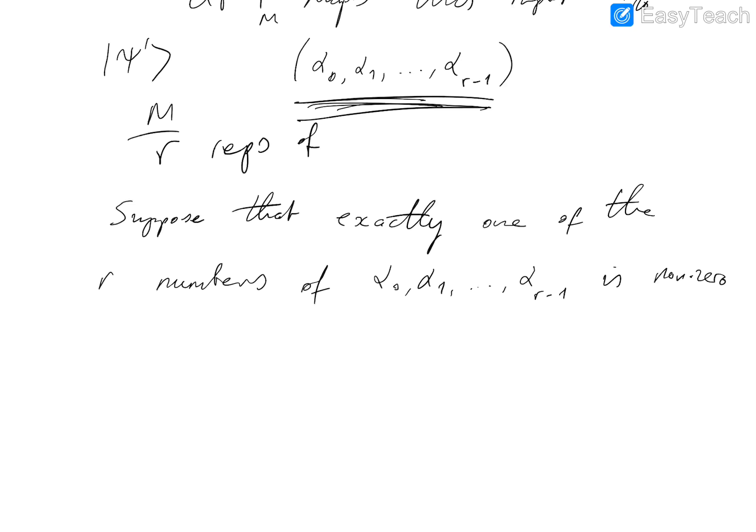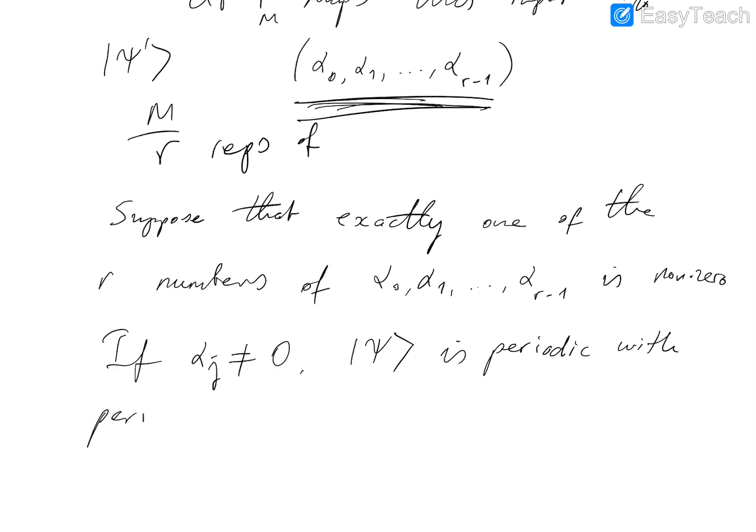Okay, so if alpha j is, for instance, non-zero, then we say that psi is periodic with period r and offset j.